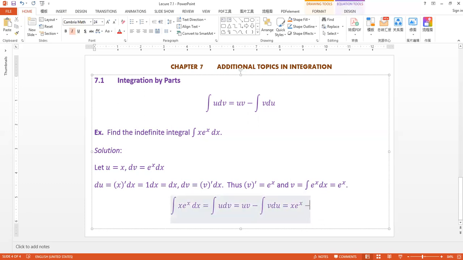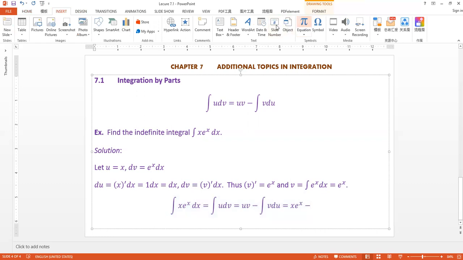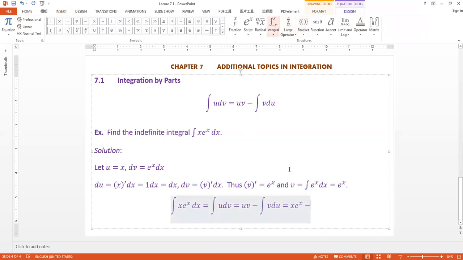And then minus the integral of v du. Let's see what it is. Plug in v, so v is e to the x, and du is just dx, which we figured out earlier.